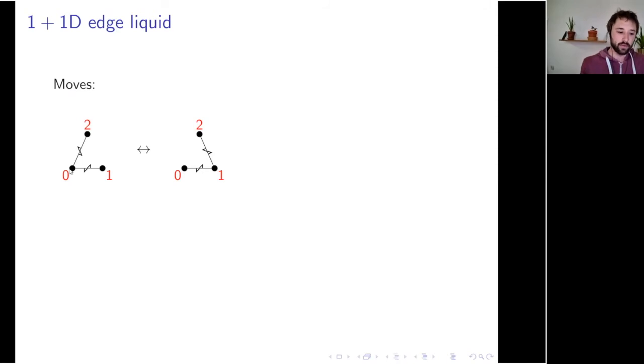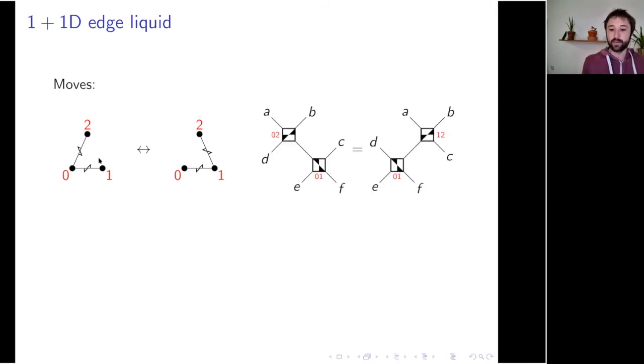And the most important of these moves is a move that takes one edge and slides the endpoint of this edge along another edge. Don't worry about these decorations here on the edges, they're just needed to introduce an orientation again. So in terms of networks, this yields the tensor network equation on the right between two networks formed by two of these edge tensors.